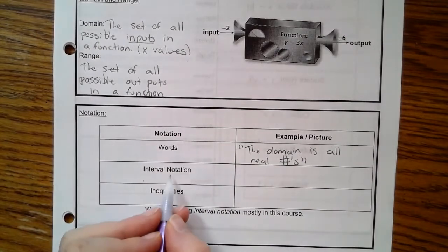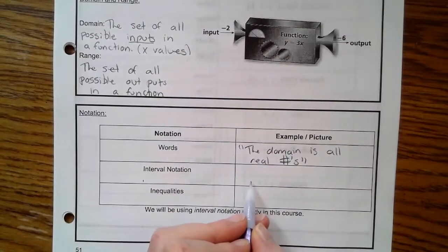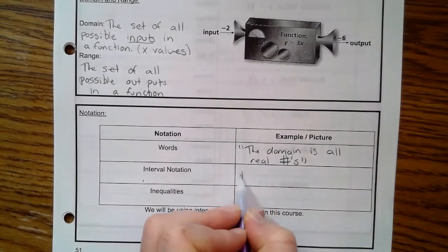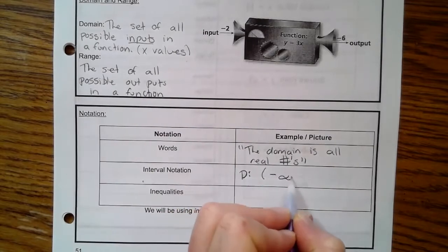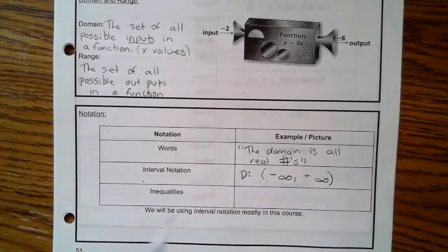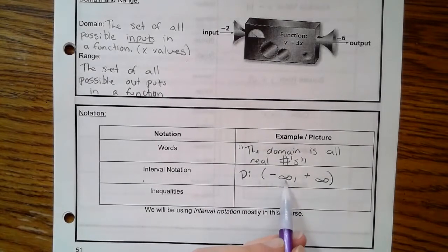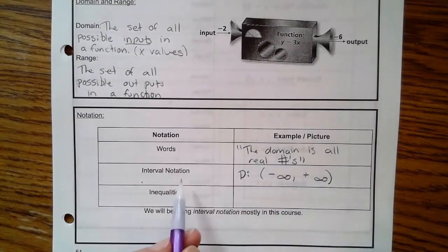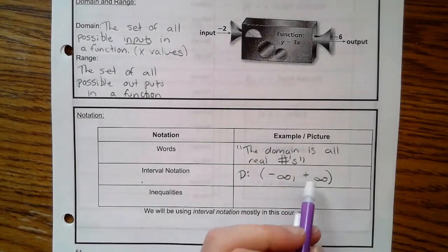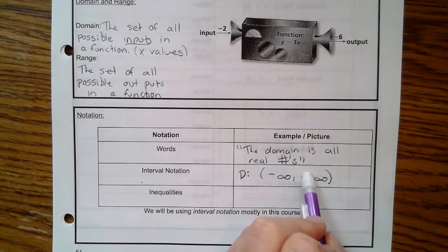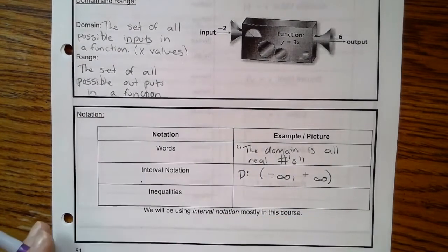What that would look like in interval notation would be negative infinity to positive infinity, right? That's addressing all the real numbers, all numbers. Sometimes people put the plus at the infinity, sometimes they don't. Either way, you are correct.